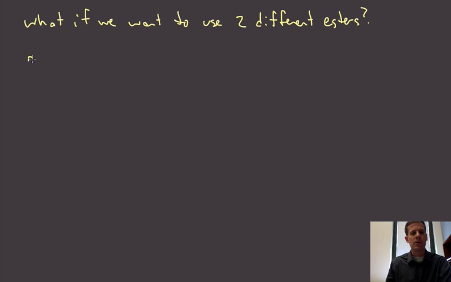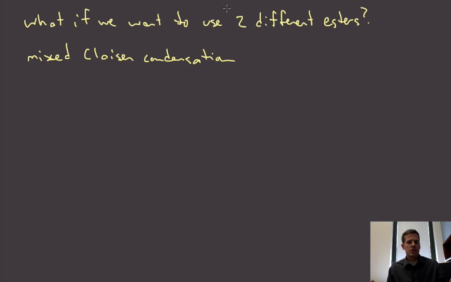So of course this is going to be called a mixed Claisen condensation. And we sort of run into the same issue as with the aldol, that if we have two different esters and they both can be enolized, and they both can serve as Claisen partners, you're going to just simply get a mixture.